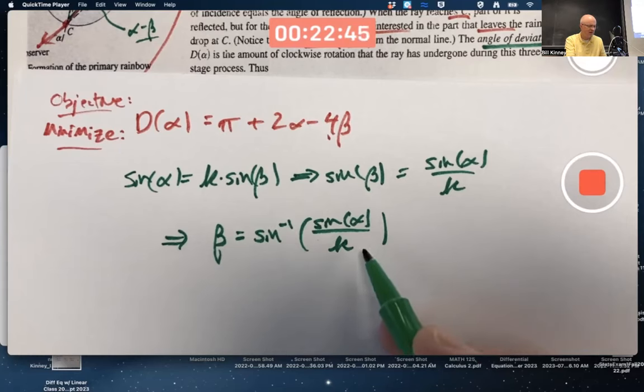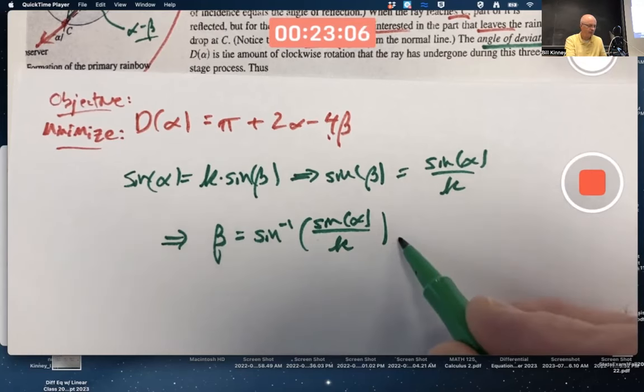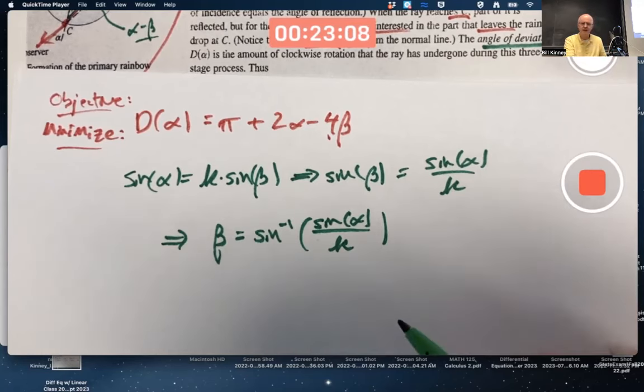Is sine of alpha divided by K less than 1? Yeah, because K actually has to be bigger than 1. For water, it's 4/3. That's bigger than 1. For other liquids, K is also bigger than 1. There is some amount of refraction that goes on no matter what the liquid is. Can this be simplified?